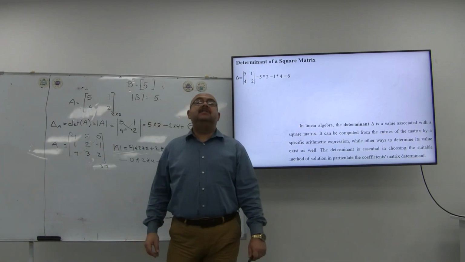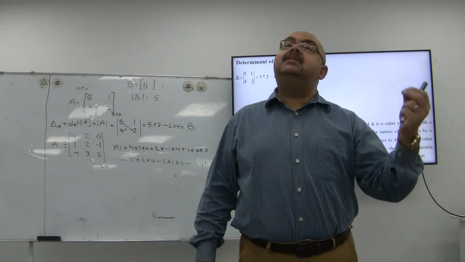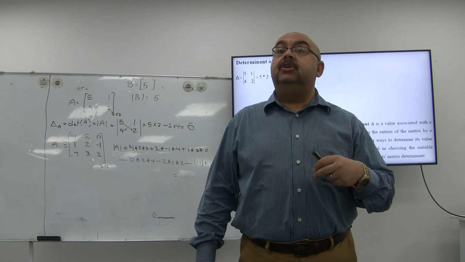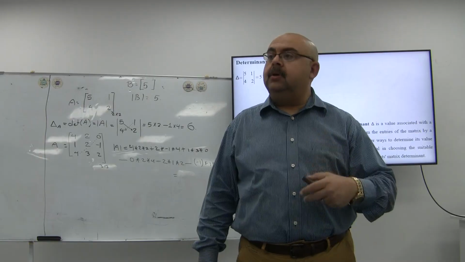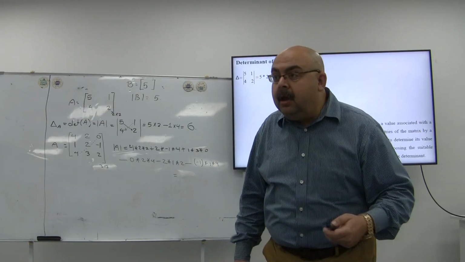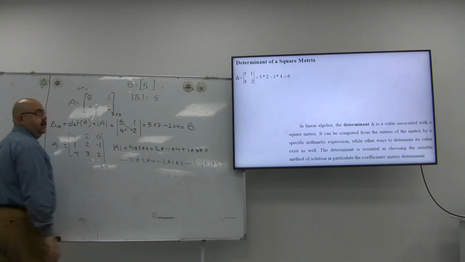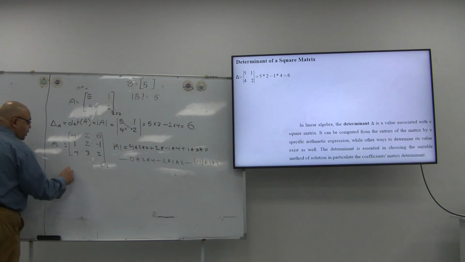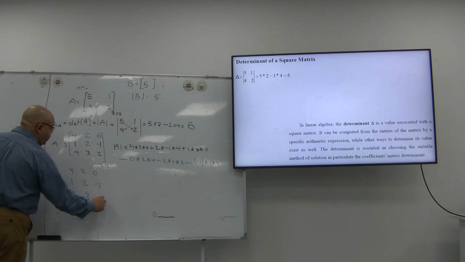Okay, there is a simpler way. There is a simpler way for doing Sarrus's rule, but it will cost you that you will write 2 columns once more. I will take the first 2 columns and put them here. So it's going to be like 4, 1, 4, 2, 2, 3, 0, negative 1 and 2.